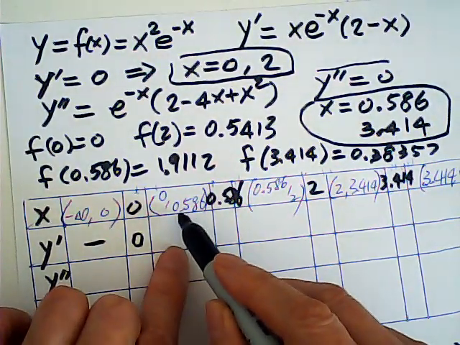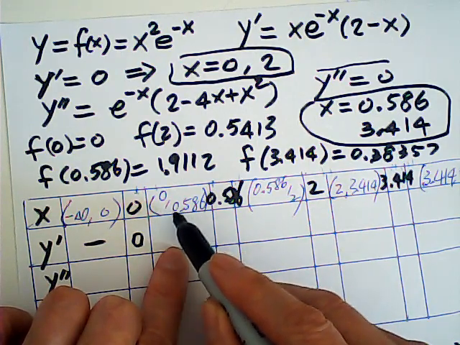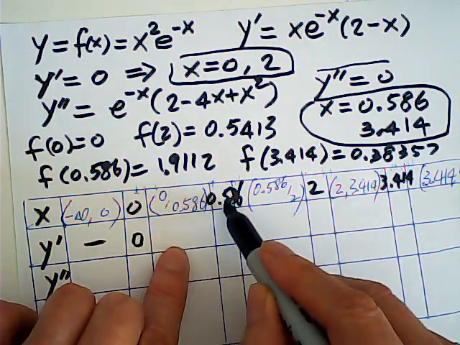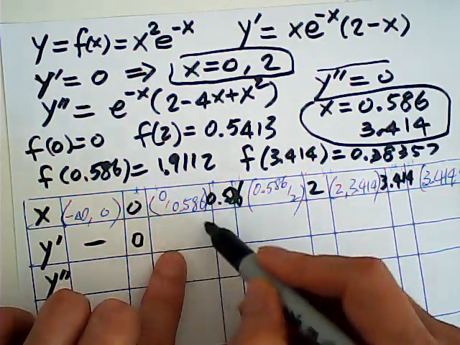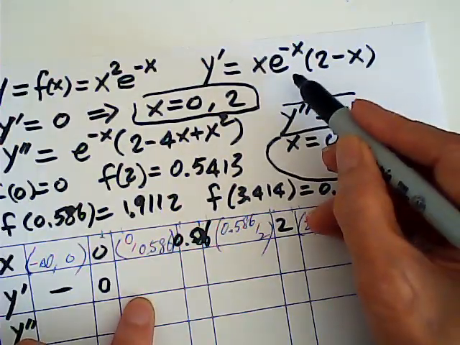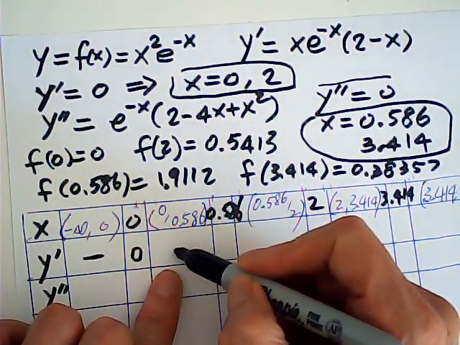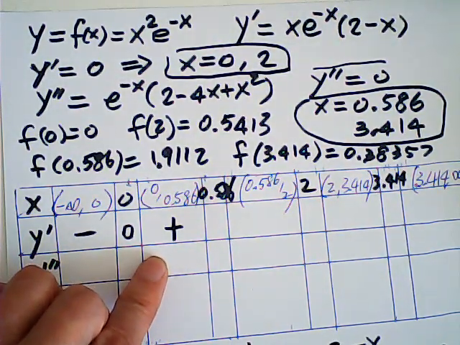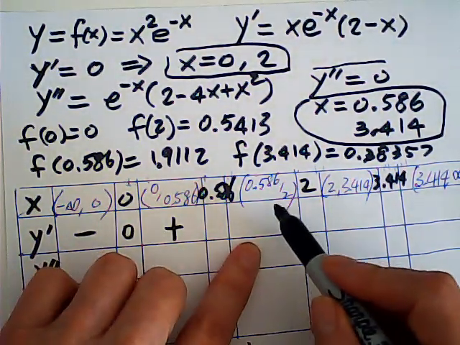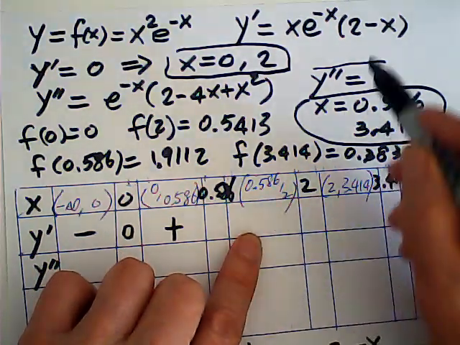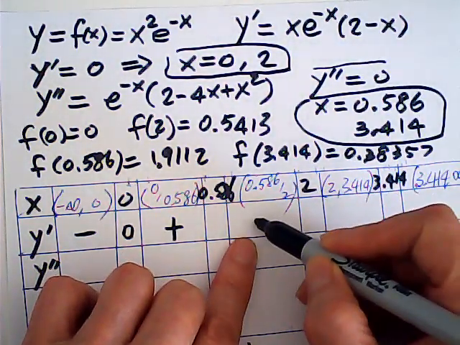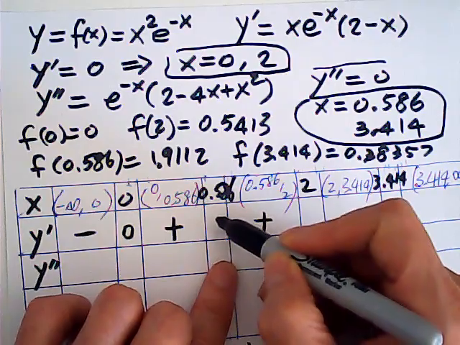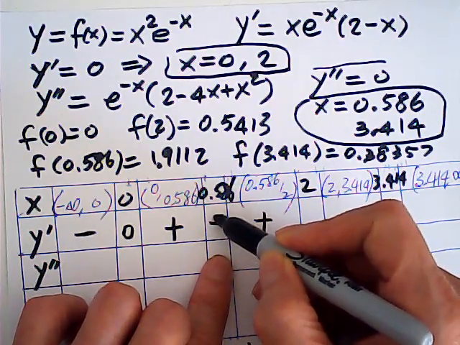Then you pick up a value between 0 and 0.586, any number, you put it in the first derivative, and you get positive. You pick up a value, you put it in the first derivative, it's still positive. This is also positive.